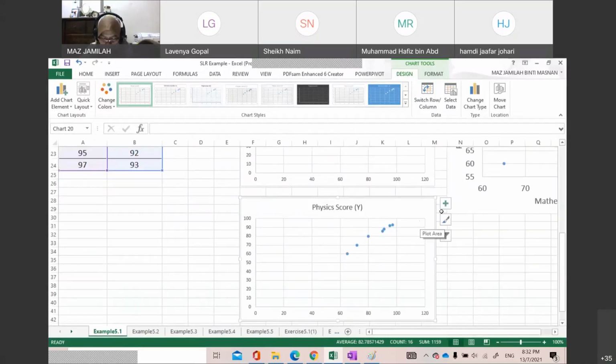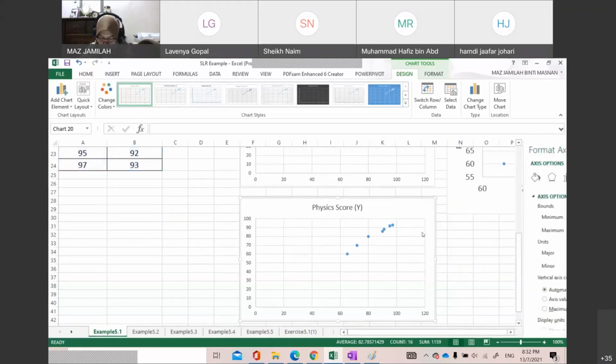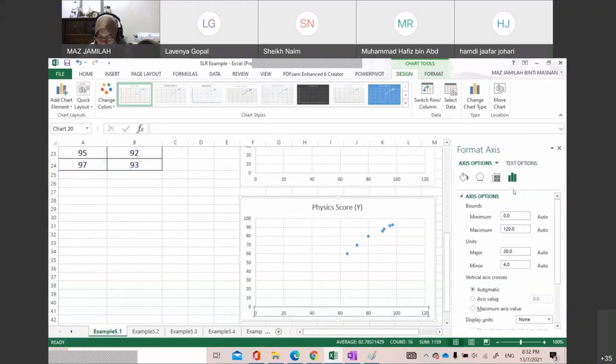So what you can do is that you go to the plus sign, okay, go to axis, and then click more options. When you have it, make sure you have axis options here, and then you are given the options for your bounds.